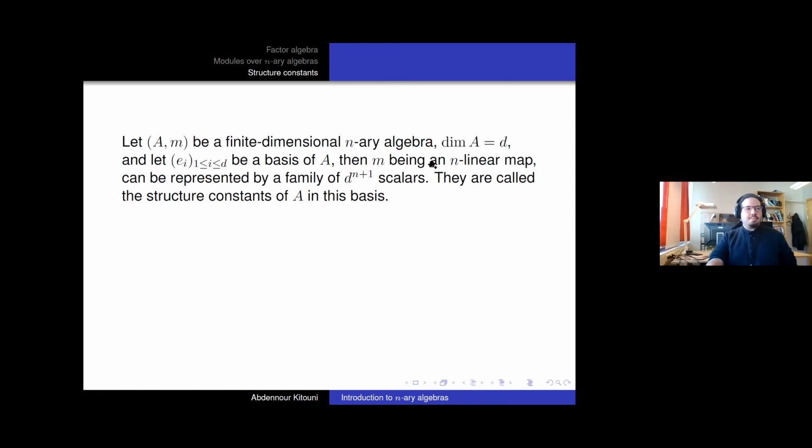And the multiplication m, since it is an n-linear map, can be represented by a family of d^(n+1) scalars. These scalars are called the structure constants of A in this basis.